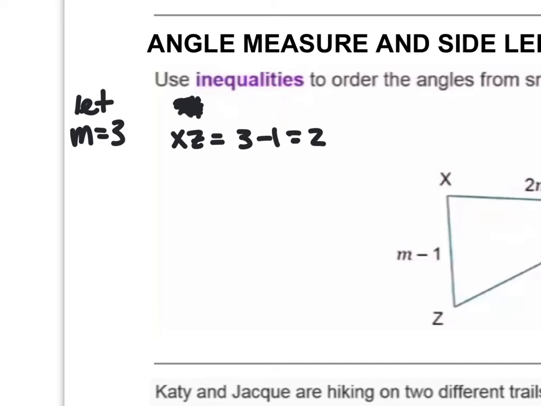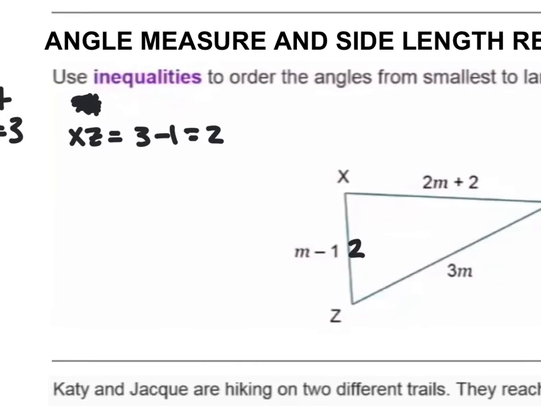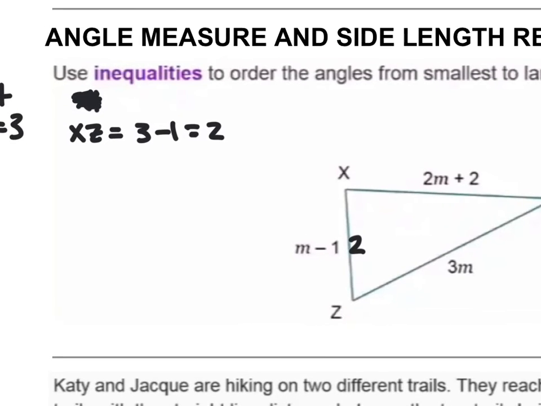So I'm going to give this a length of 2. If I wanted to calculate the length of XY, I'm going to plug in 3 for M, so I'm going to do 2 times 3 minus 1. So that's 6 minus 1, which gives us a length of 5.